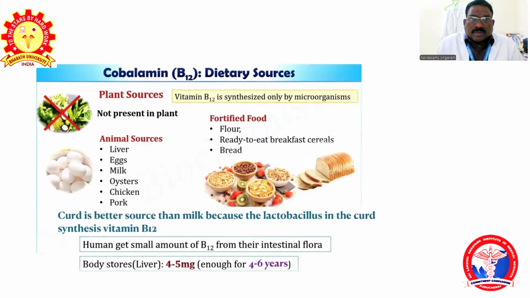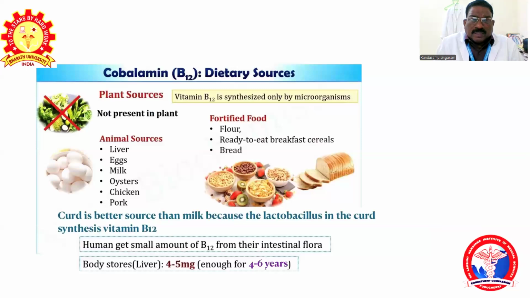What are the dietary sources of vitamin B12? Plant source: no B12 is present in plants. Vitamin B12 is synthesized only by microorganisms. What are the important sources of vitamin B12?